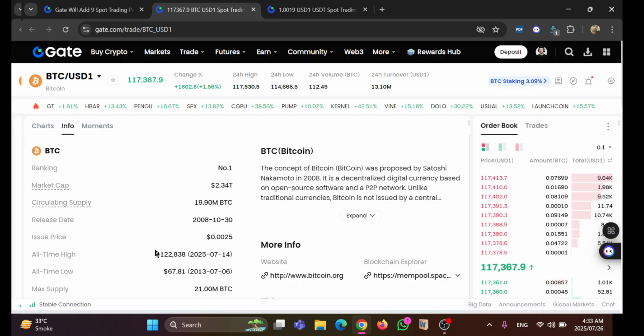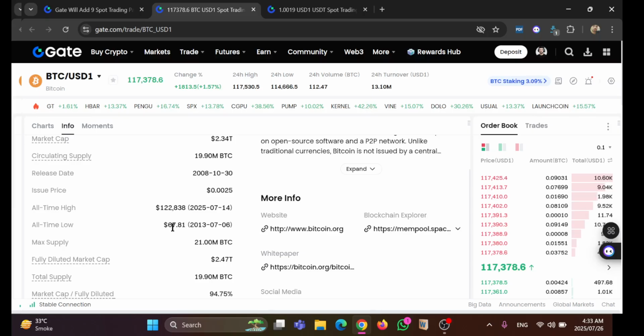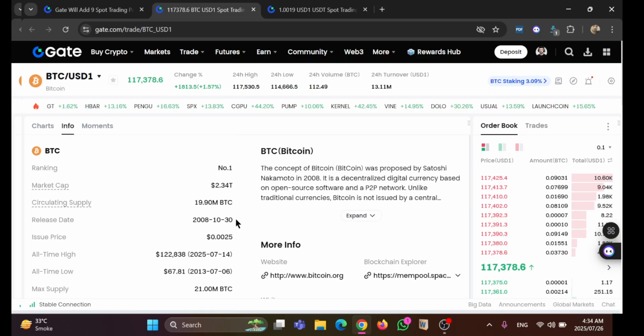The all-time highest market price of Bitcoin was 1,22,838 USDT, and the all-time lowest market price of Bitcoin was 67 USDT, issued on 6 July 2013. Maximum supply of Bitcoin is 21 million Bitcoin, and fully diluted market cap is 2.4 trillion USDT. Total supply is 19.9 million Bitcoin.